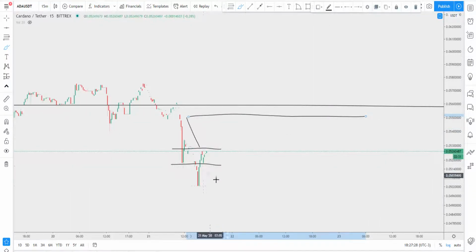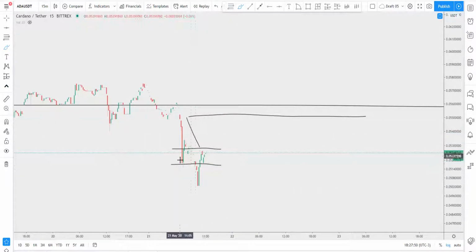The only thing that we don't know yet is if we are going to make a new low here, that's going to be a higher low before bullish continuation. Again, it can be from here or from here, but this is an inverted head and shoulders.